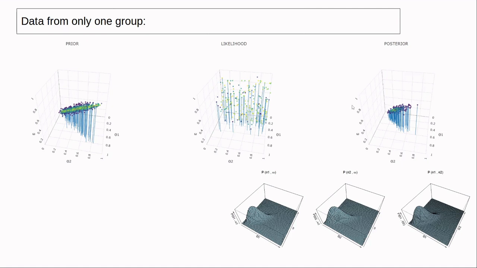So what we end up with here is, again, this corner at low values of all three of the parameters, even more strongly than before, because theta 2 is not doing anything to contradict this. So it's essentially just theta 1 which is saying we should be here at a low value.